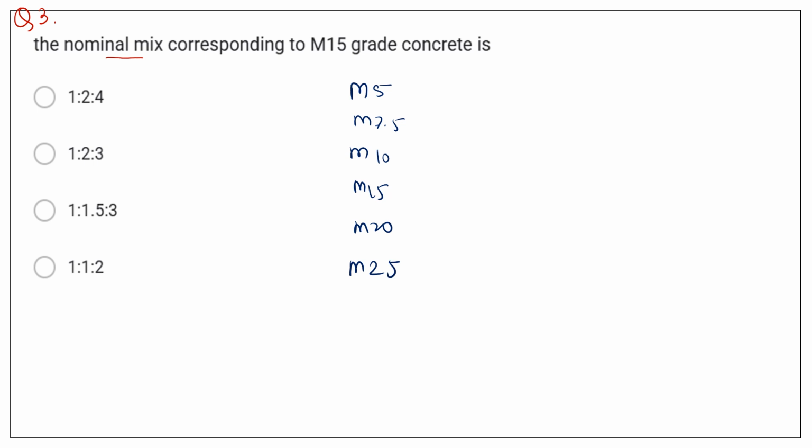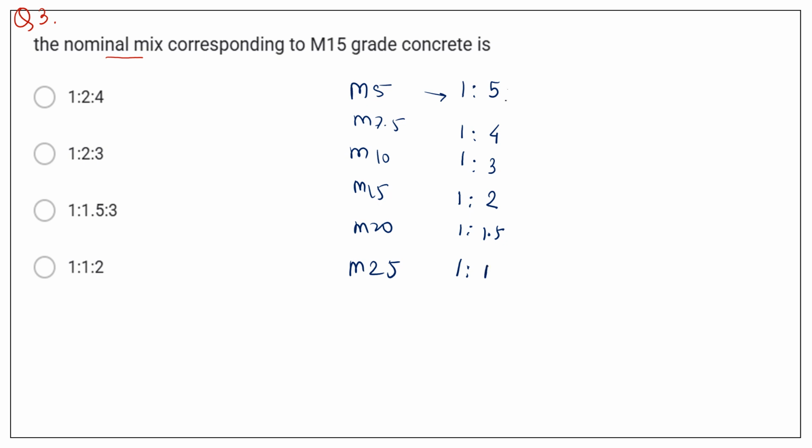There is one trick to remember the nominal mixes here. First write 1 for each grade, then next write from 5 in decreasing order. Here 5, then 4, 3, 2, then 1.5 and 1.